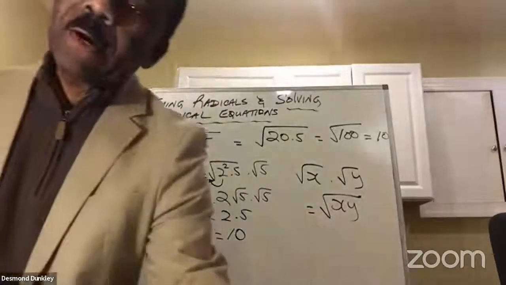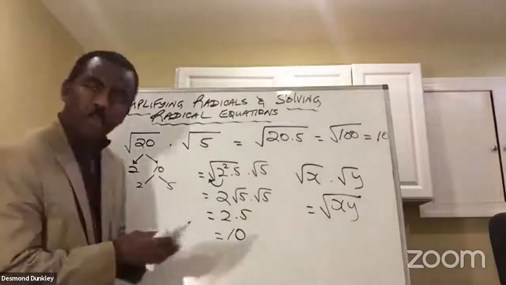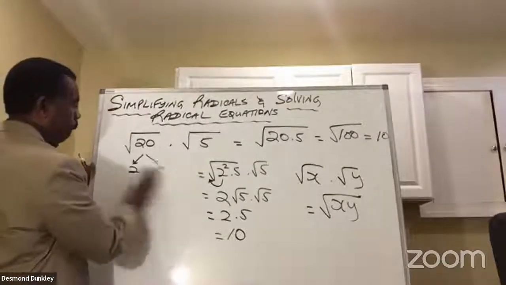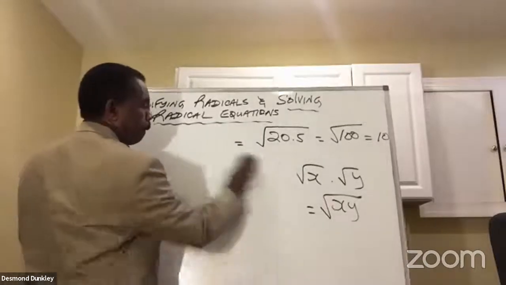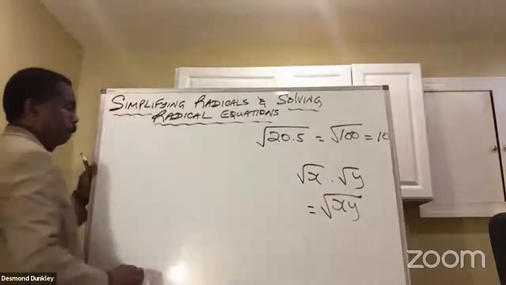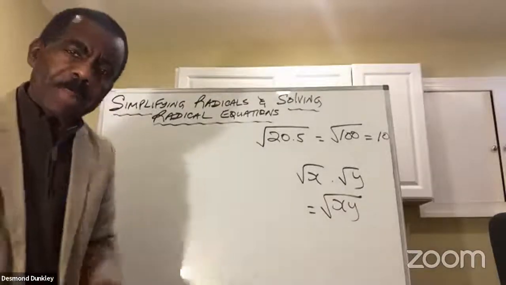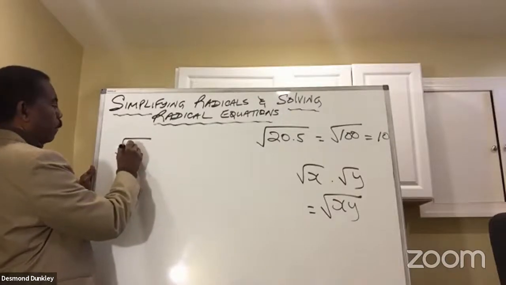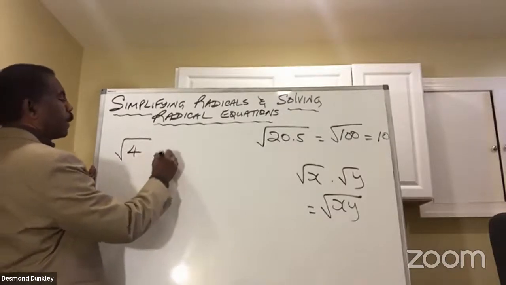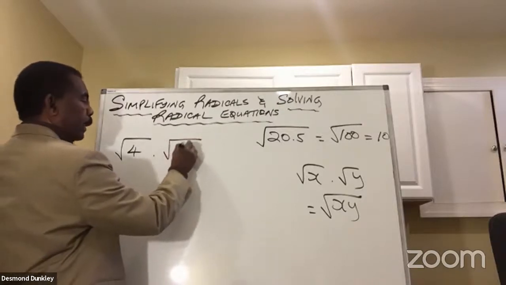And I can use a very good example to show that it works. Let's use perfect squares and see if they match up. If I ask you for the square root of 4 times the square root of 16.